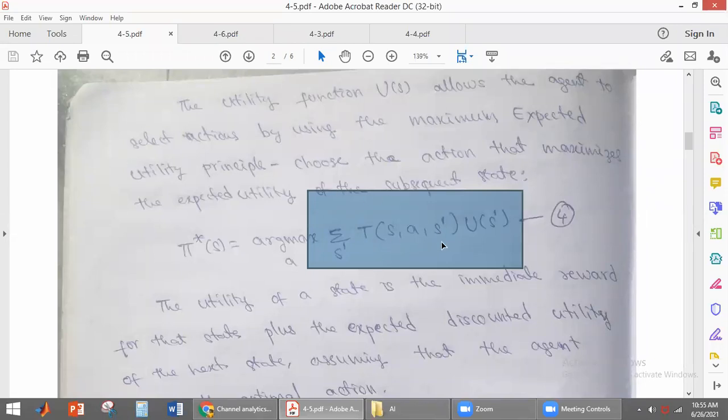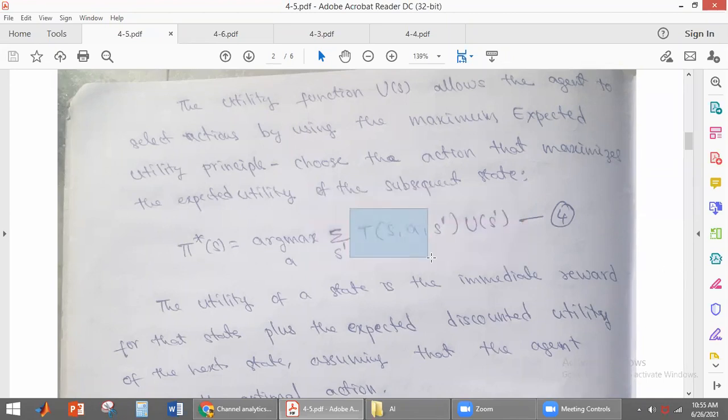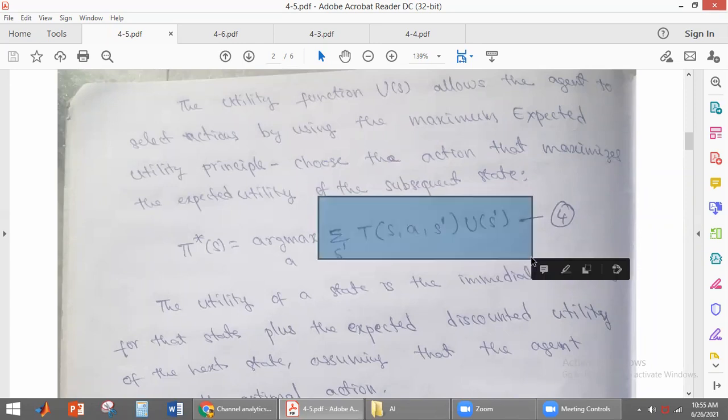It can be found by this formula. We are just multiplying the probability. This is the probability that we get by performing some action A to move from the state s to s dash. What is the probability that s will change to s dash, and what is the utility of s dash? This product gives us the utility of the state s dash.